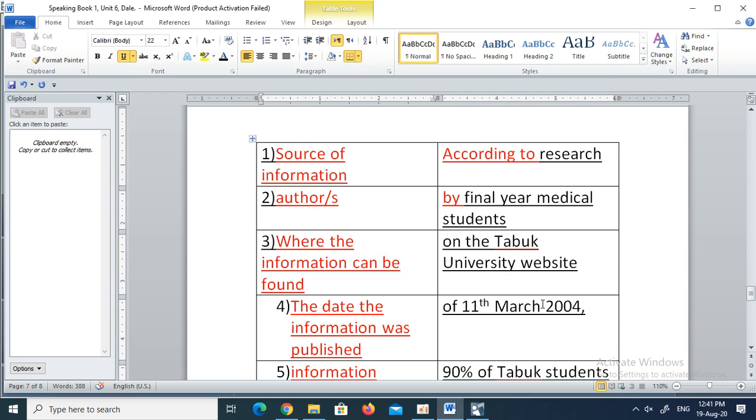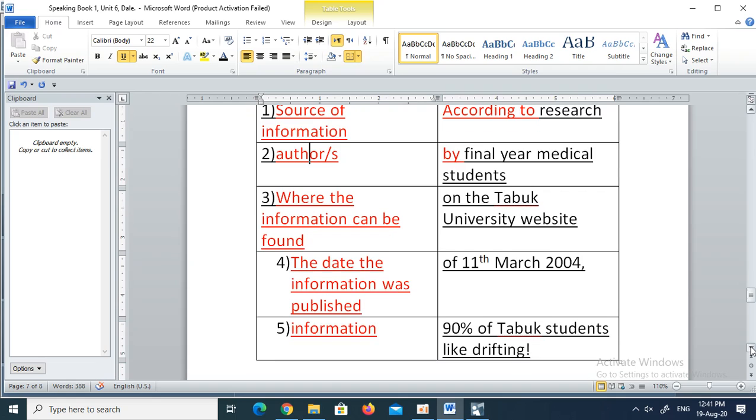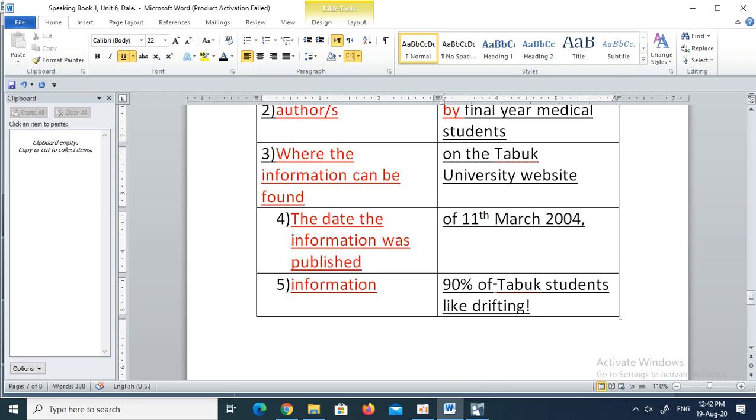They were the authors, and their information was published on the Tabuk University website, so we know they must have been final year medical students at Tabuk University. And the date the information was published on the website was the 11th of March 2004. And the information they gave us was that 90% of Tabuk students like drifting.